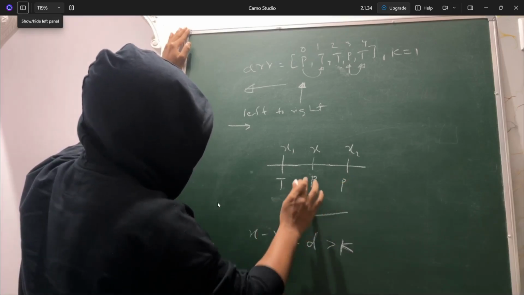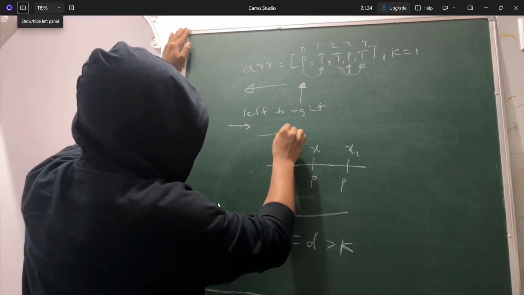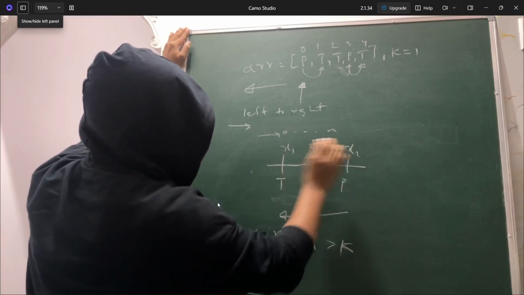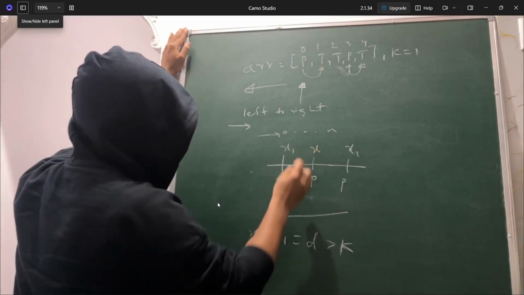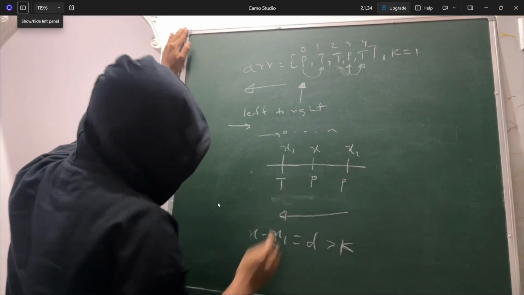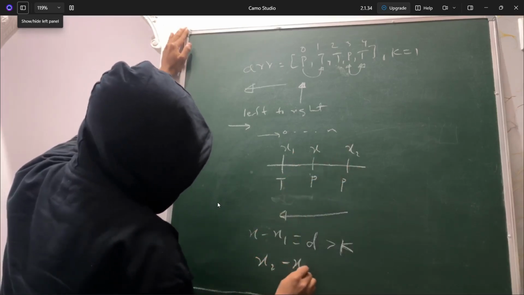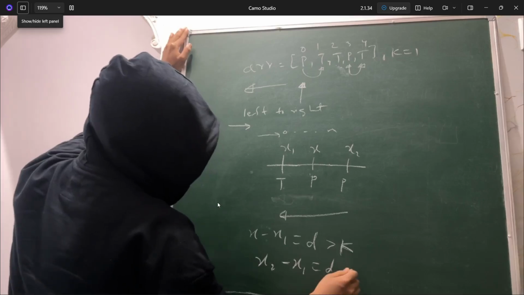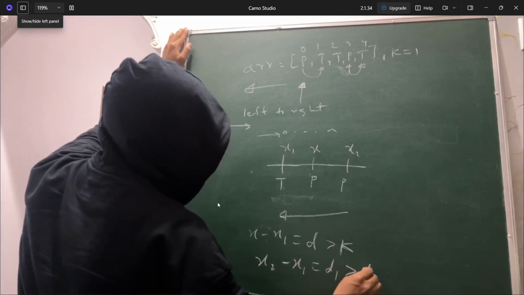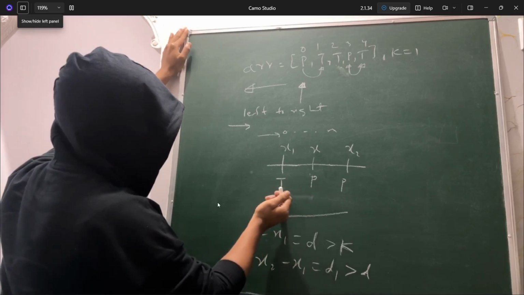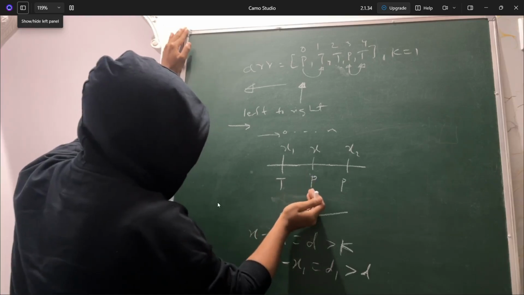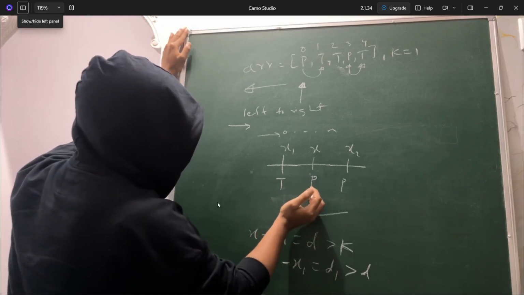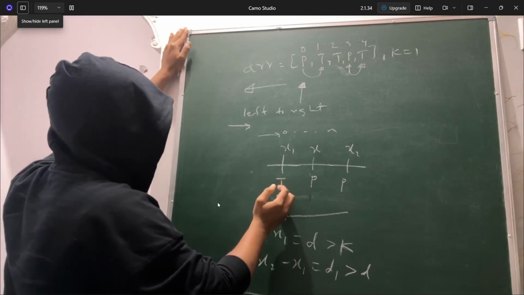The reason being, on a number line from 0 to n, basically the indices, x minus x1 is a particular distance, and x2 minus x1 is a distance which is greater than d, obviously, because this is constant but this one is on the right side at some greater value, so he will also not be able to catch it.